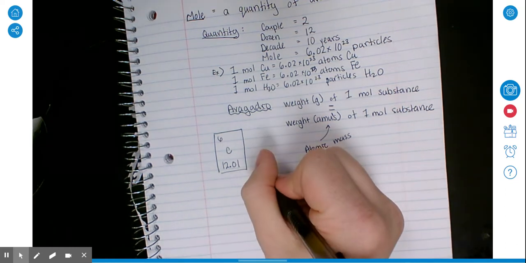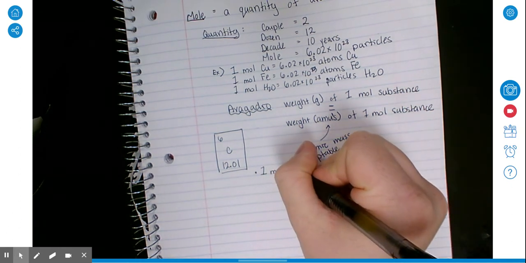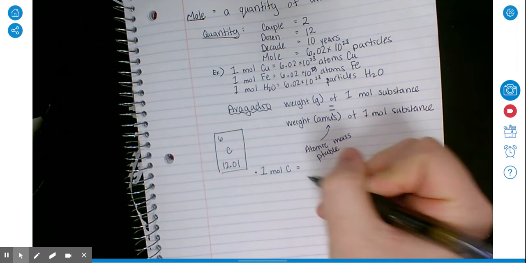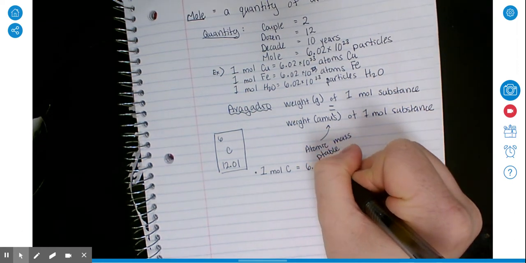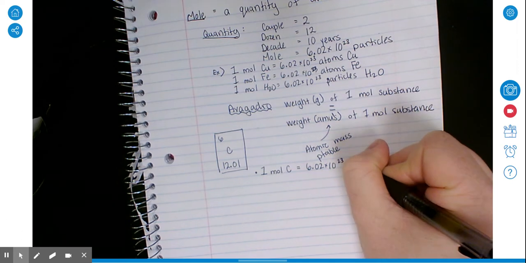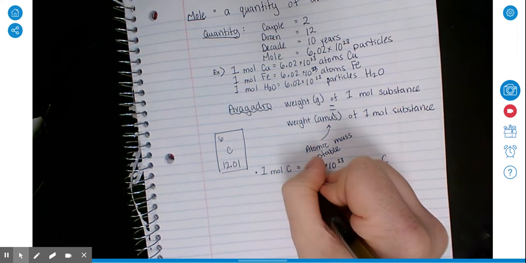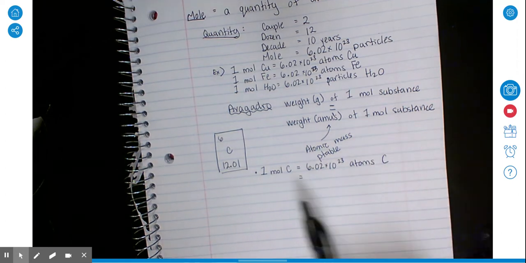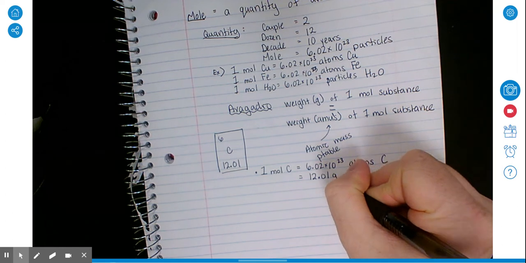That means that 1 mole of carbon, which would contain 6.02 times 10 to the 23rd atoms of carbon, would have a weight of 12.01 grams.